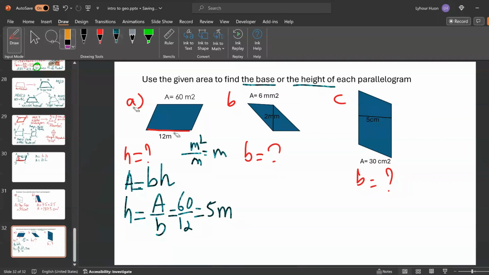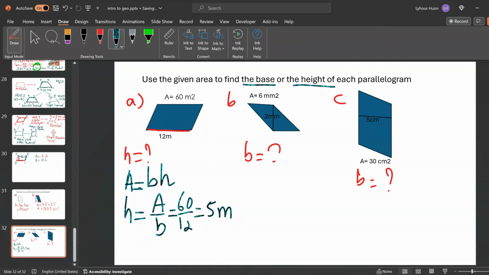So height is basically a length. For the height, the base, whatever, only the length, no square. But for the area, it has to be square. For the volume, it will be cubes, because it's three-dimensional.